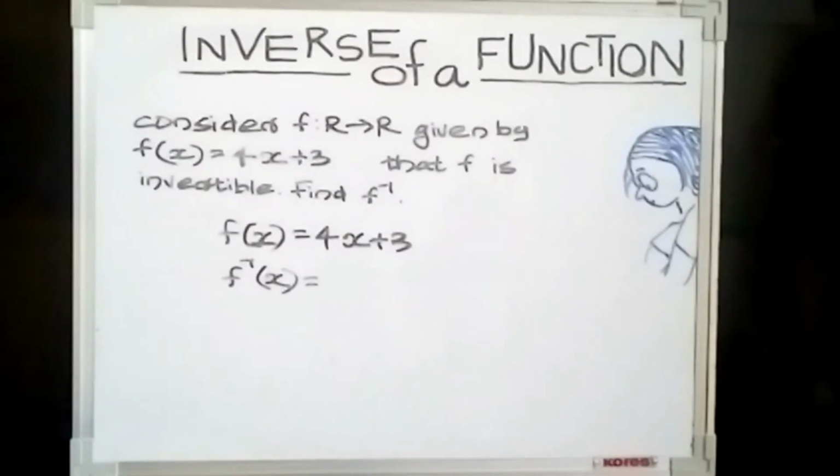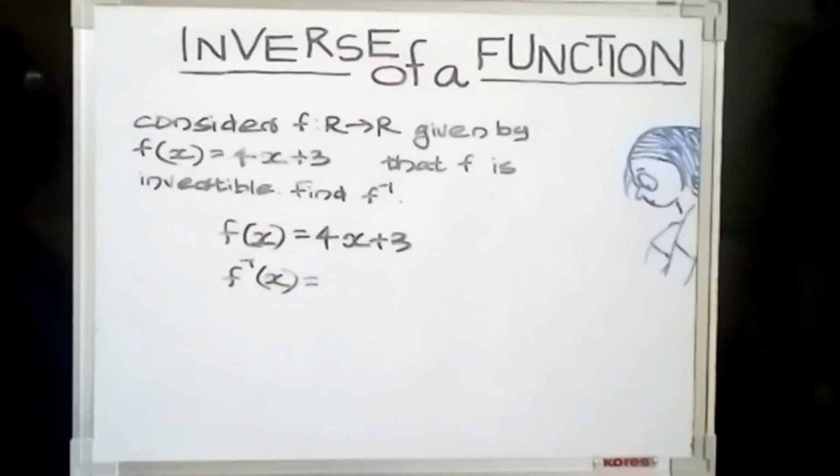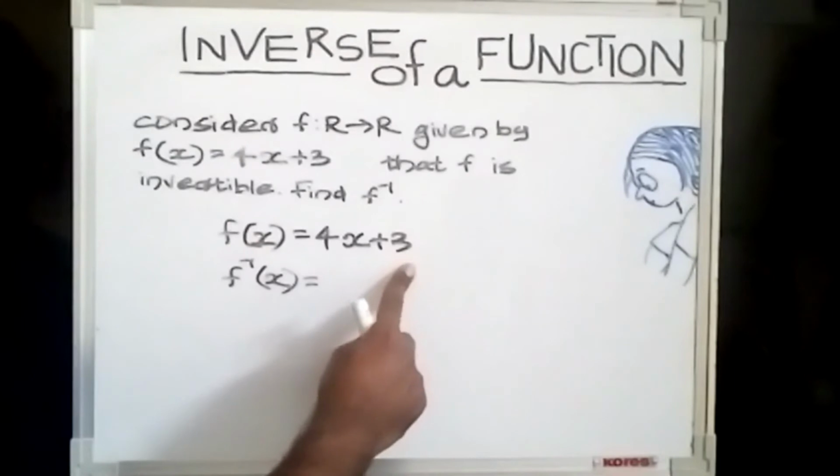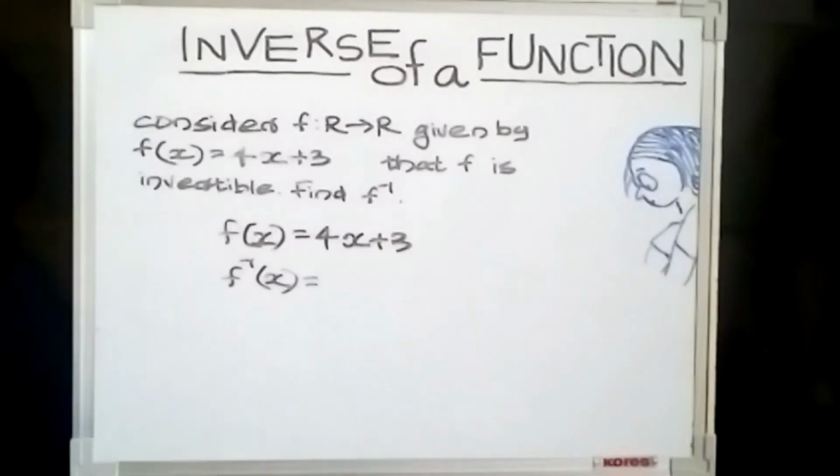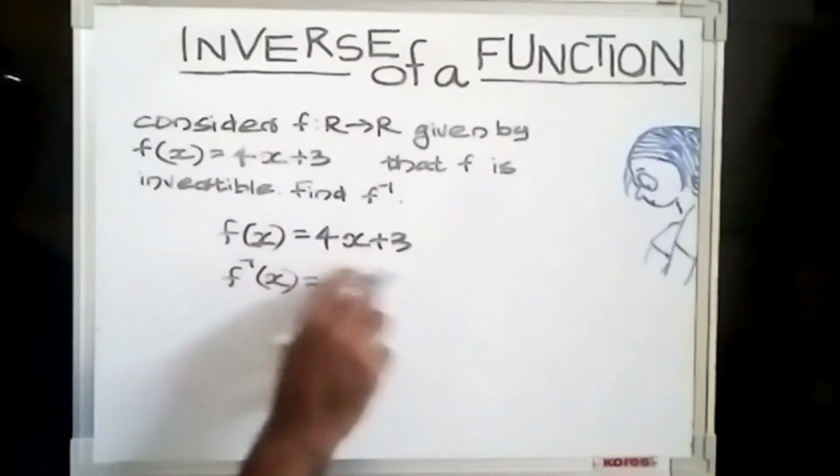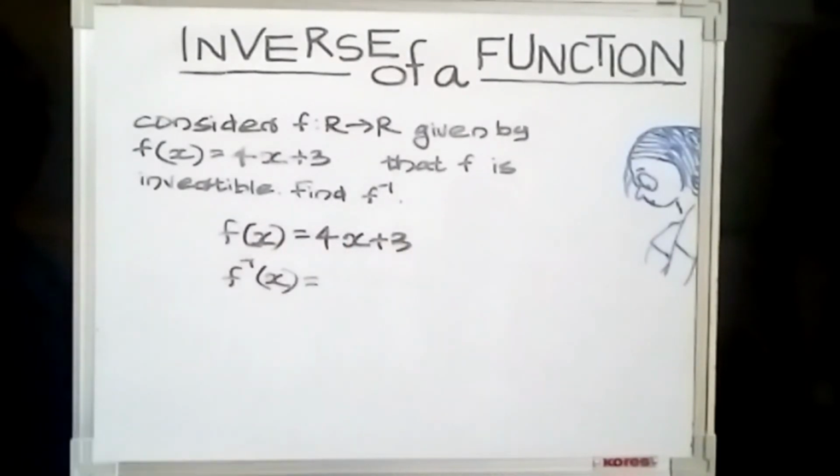To get x back, reversely, first we have to subtract 3. Then 4x plus 3 becomes 4x. And to make it x, we then divide it by 4.